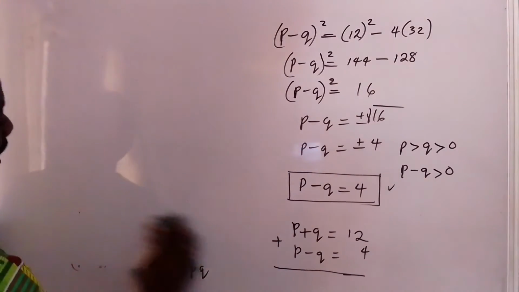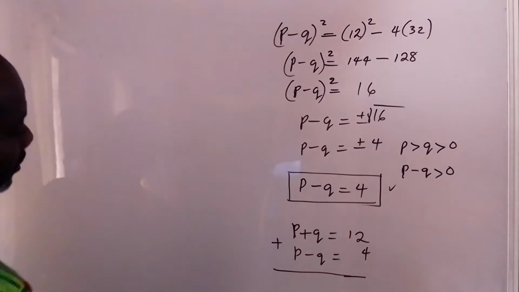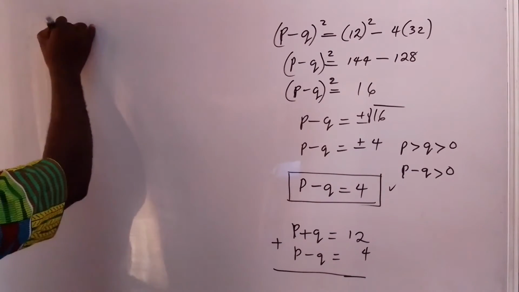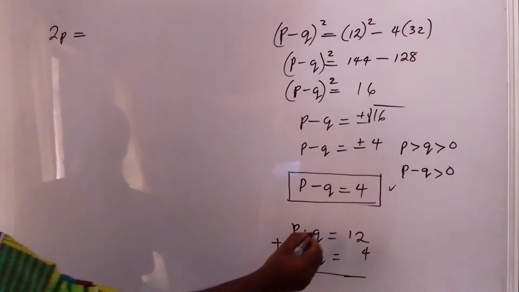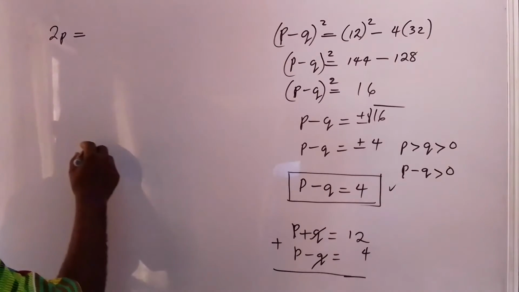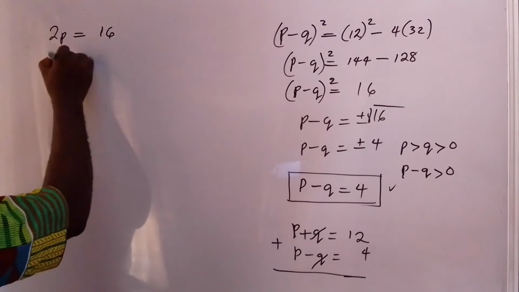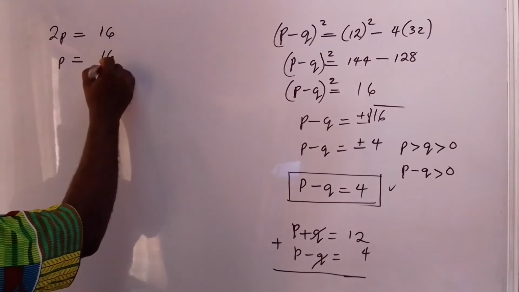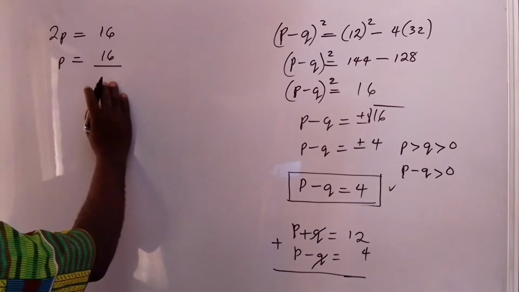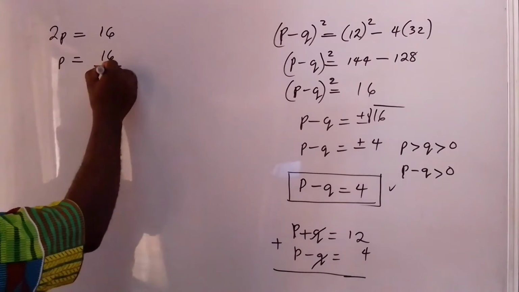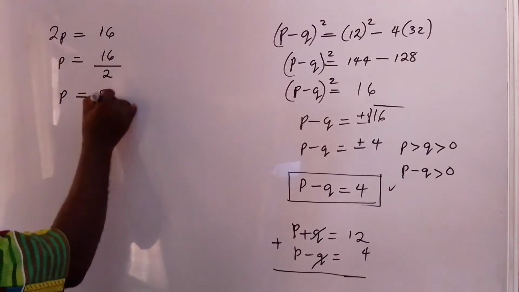Once the two equations are added up, we're going to get 2p equal to 16, because q and minus q simply cancel out each other, and so p will be equal to 16 over 2, so p will simply give us 8.